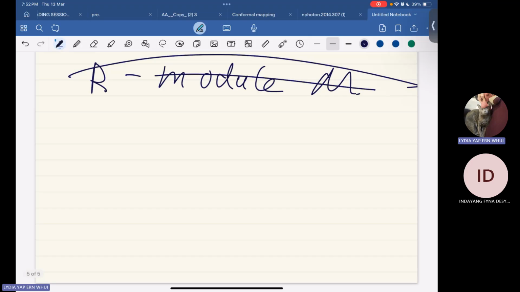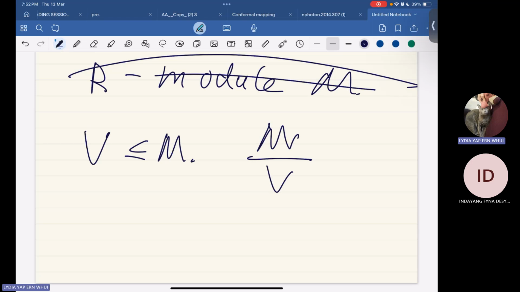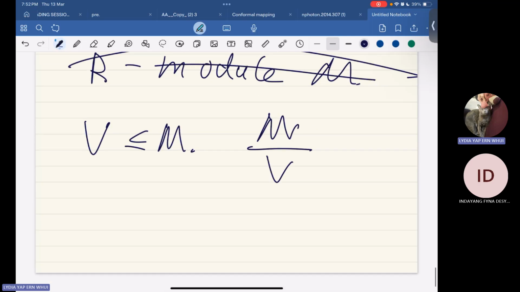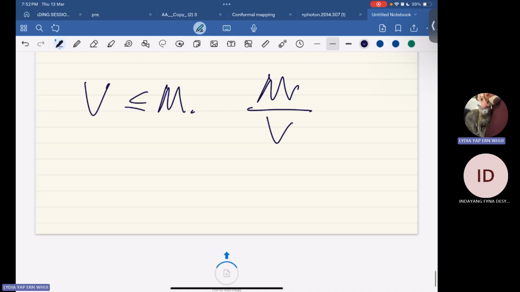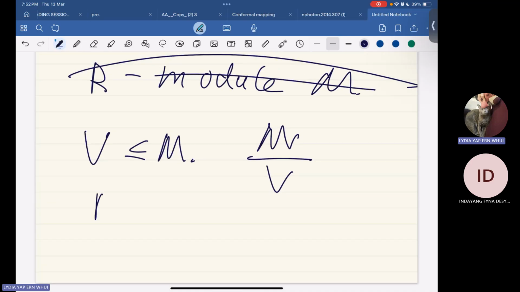So if V is an additive subgroup of M, where M is a group, then V is normal. So we can do it the quotient group way, which is M quotient V. And if M is an R-module, we can see that this M quotient V is also an R-module.